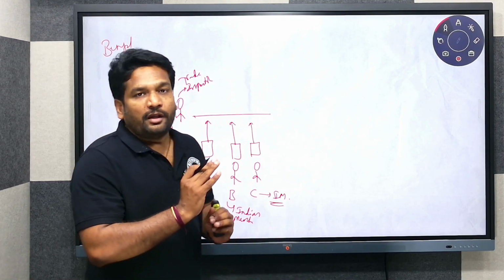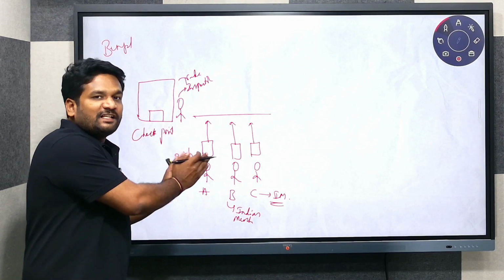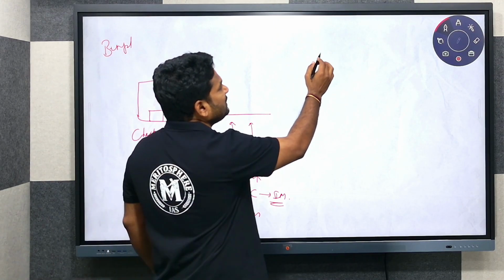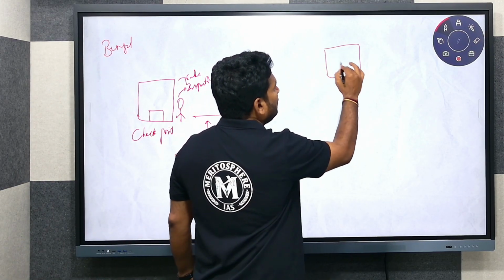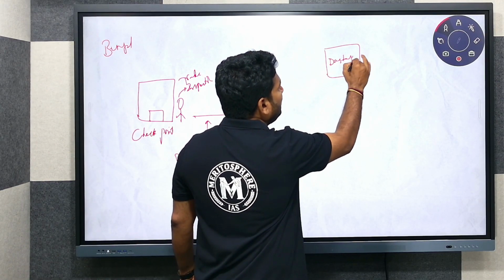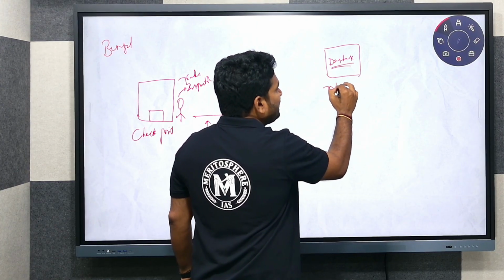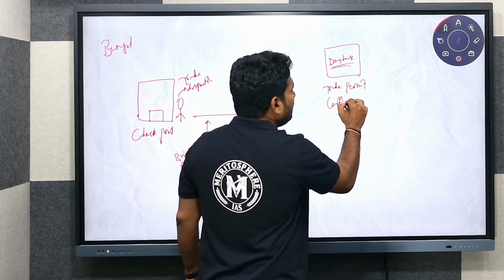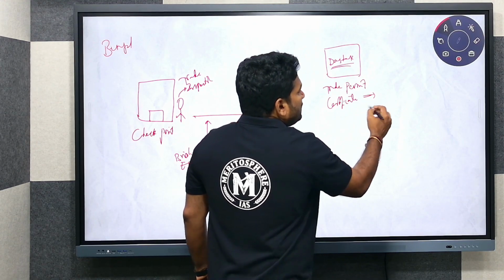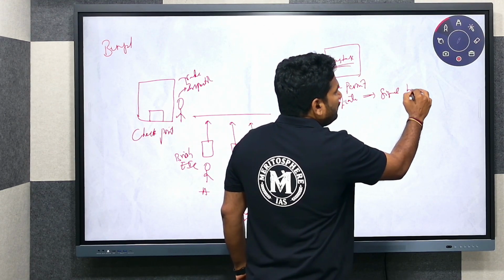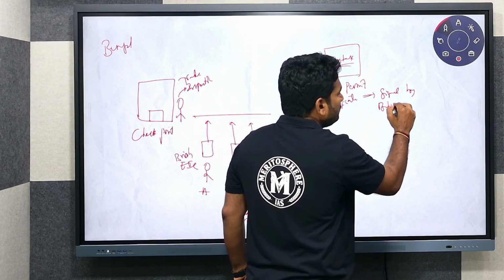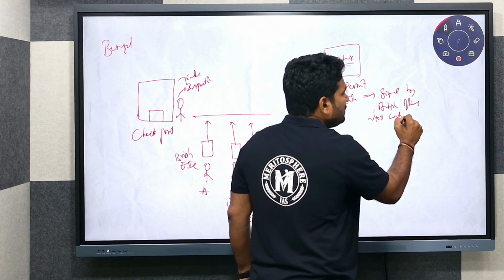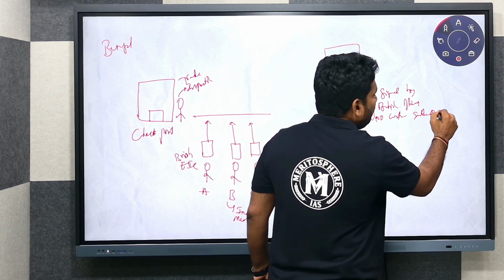So in order to make this workable, in order to make this implemented, there is a system called the dastak. It is nothing but a trade permit certificate, signed by a British official, which also contains the emblem of the British.